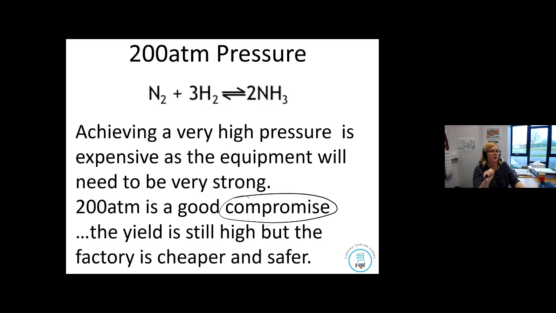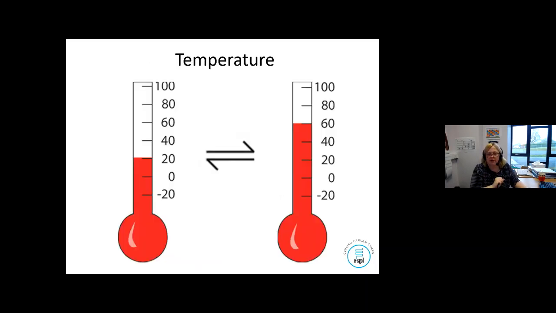Great, okay. Right, how about temperature then? As we described earlier, when you're looking at temperature, you need to be looking at whether the reaction going forward, the one in the right-hand side direction, is an exothermic reaction or an endothermic one. So is that reaction naturally going forward going to give out heat, or is it going to take it in?